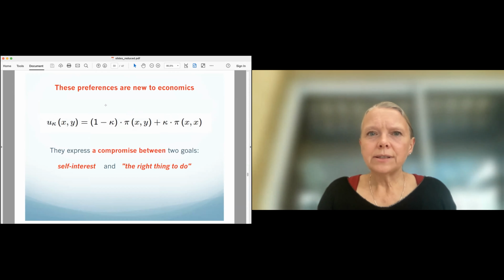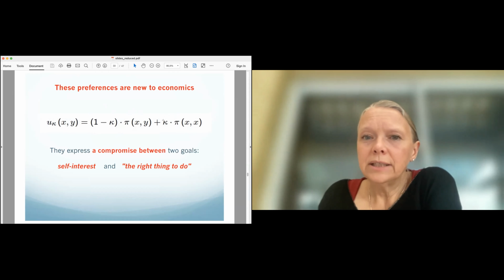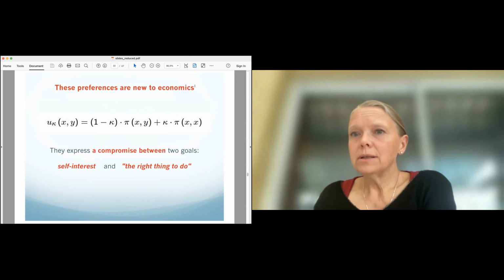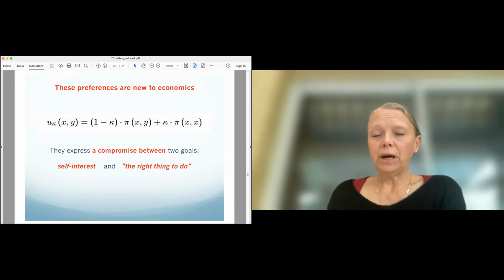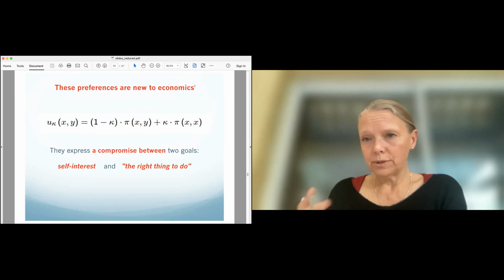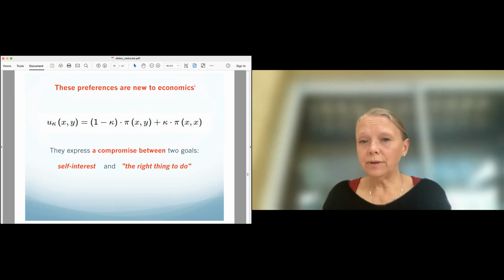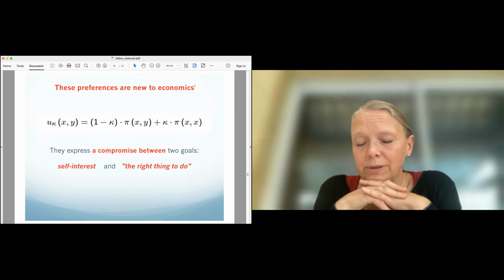So in some sense, these homo moralis preferences express a compromise between self-interest and the right thing to do. And kappa here is something that we call the degree of morality. These preferences are new to economics. So in the behavioral economics literature that is inspired a lot by psychology or sociology, you have a host of different utility functions, but this one had never been studied before.